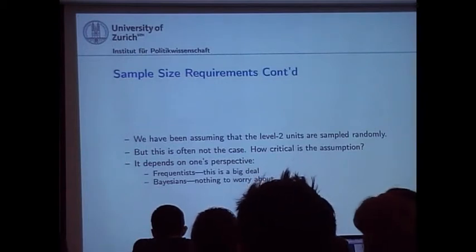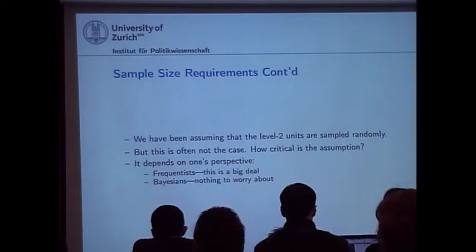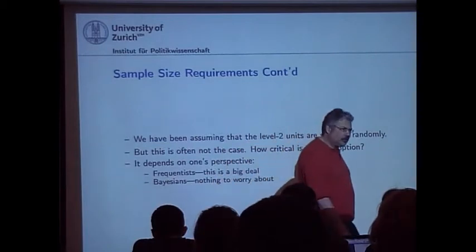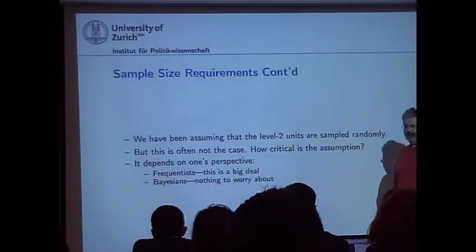And here comes again the difference between frequentists and Bayesians. Frequentists say this is a big deal, because to frequentists, the only source of variation is sampling variation. And if you have a population, you don't have a sample, so you don't have variation.